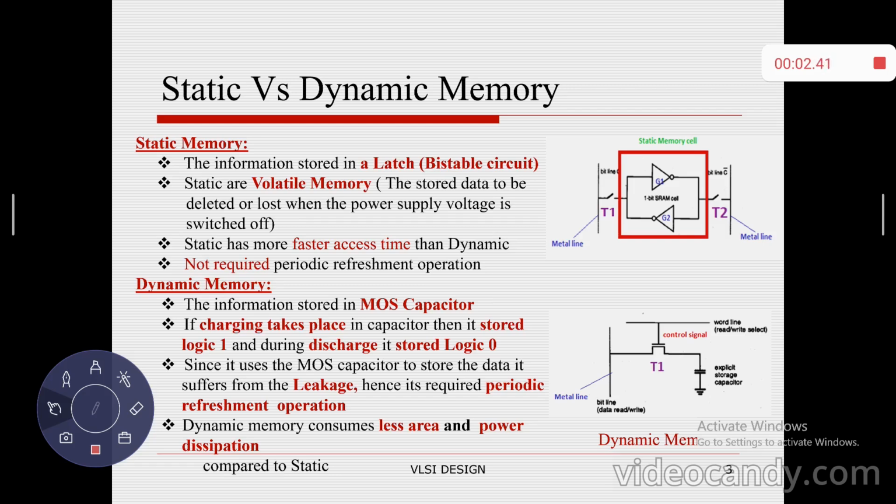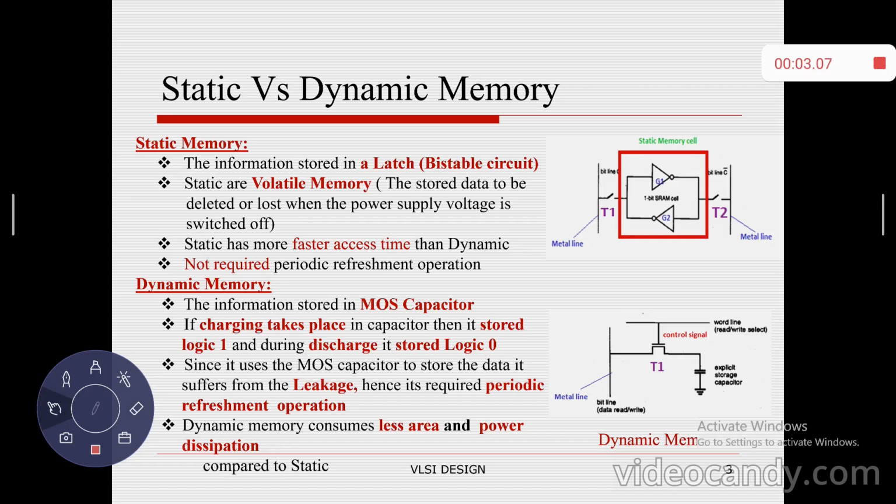T1 becomes on or off based on the control signal. If the control signal equals 0, the transistor is in the off condition. If it equals 1, the transistor is on, so whatever input you have connected at the bit line is transferred to the capacitor. This is the basic difference between static and dynamic memory.